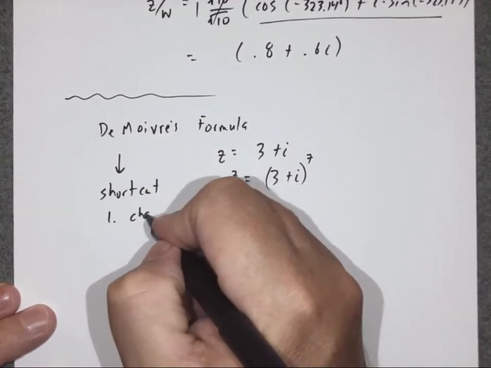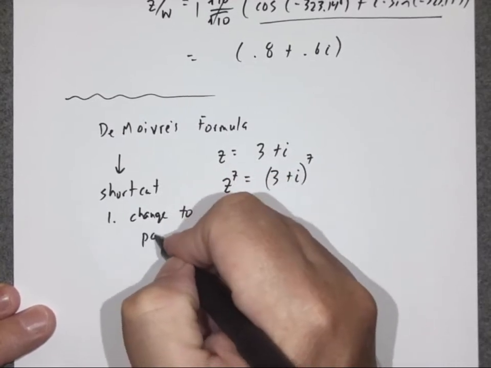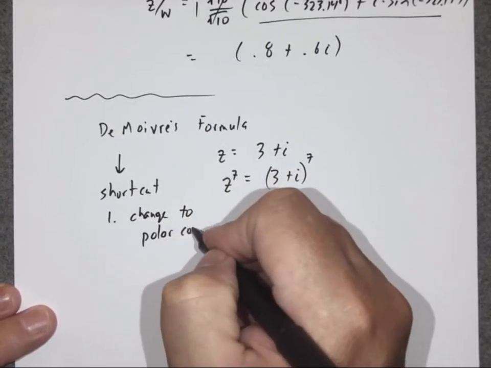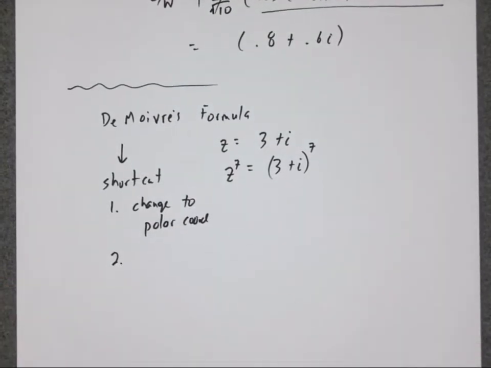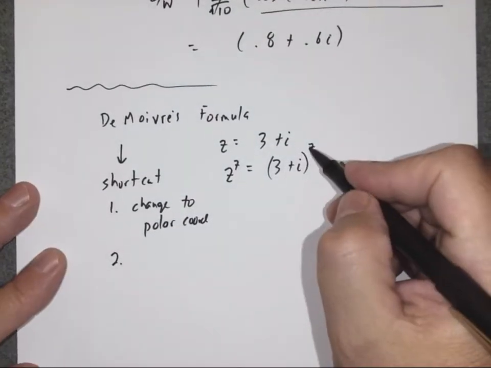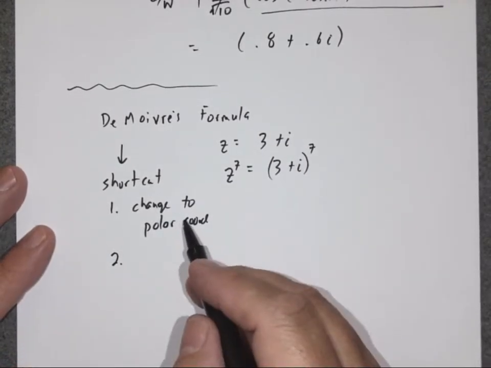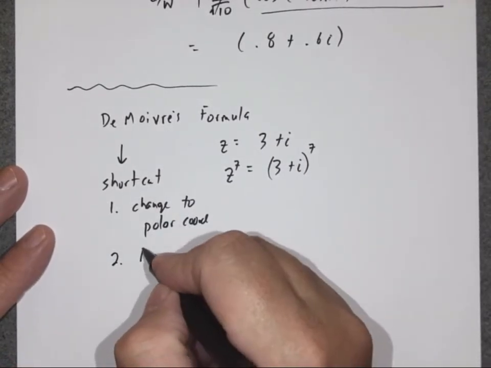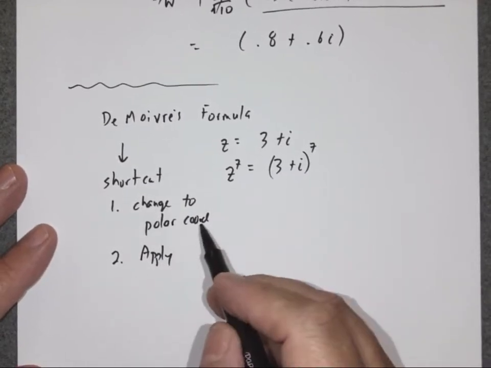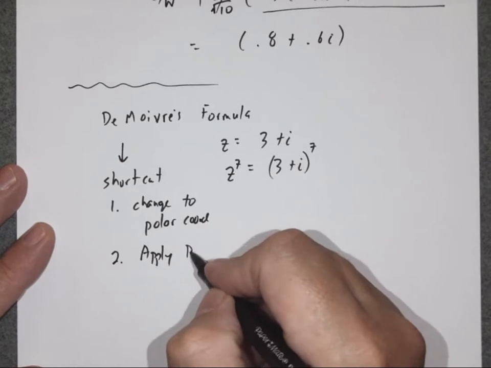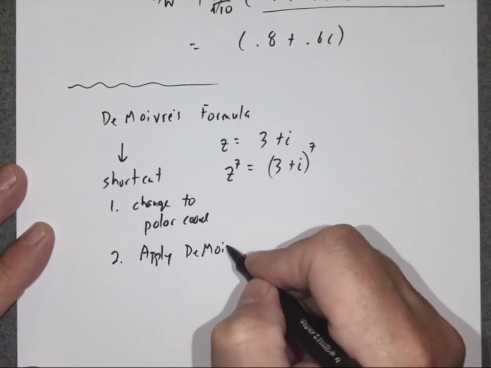First, you're going to take the complex number and rewrite the complex number, not the exponent, just the complex number, in polar coordinates. And you're going to see that once we rewrite it in polar coordinates, we can apply this little formula that De Moivre came up with.